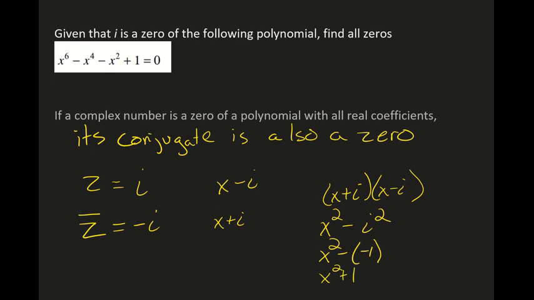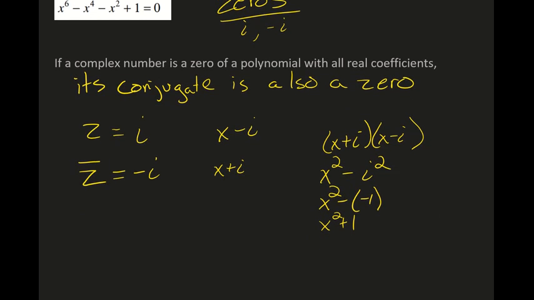So what has to happen here is we need some more space. We know that our zeros, we should make a list. So we know we have i, we know we have negative i. And then what we can do is some long division with this polynomial as our dividend, and x squared plus 1 as our divisor.